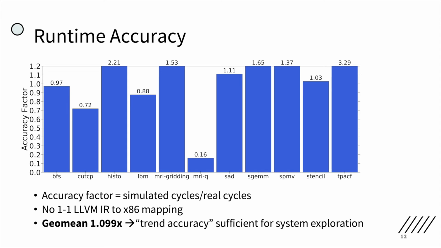As expected, there's a wide variation in the runtime accuracy across applications because there's no one-to-one mapping between LLVM-IR and x86 ISA. However, with a geomean of 1.099x of a possible best of 1, there seems to be a trend accuracy that is sufficient for heterogeneous system design exploration.